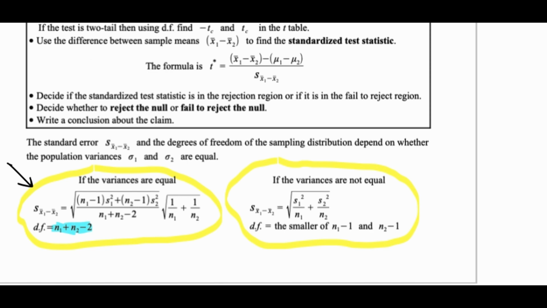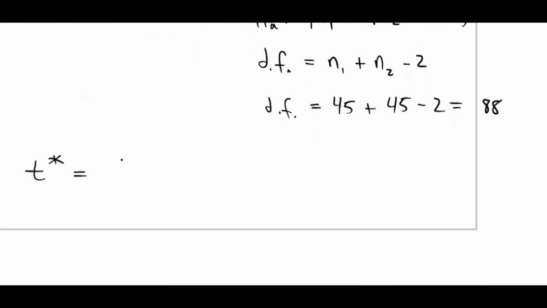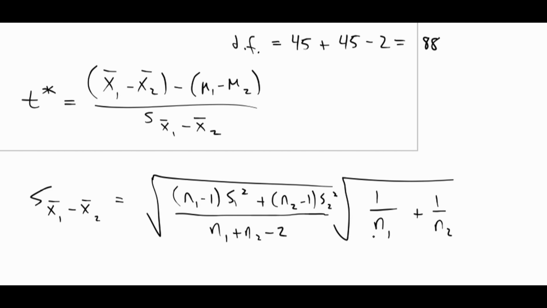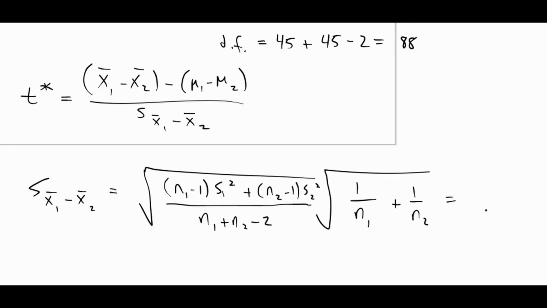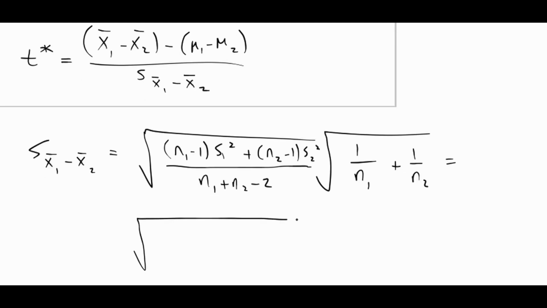You could calculate all of this first, and then when you get your answer, put it into the denominator of your formula. So let's try that. N1 is 45.